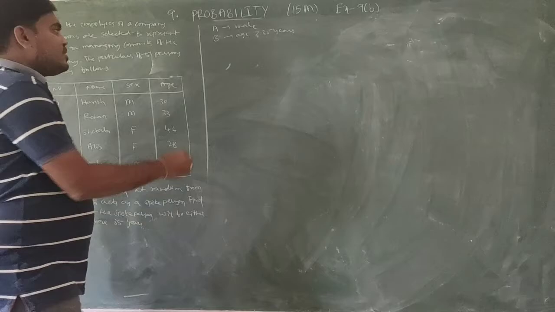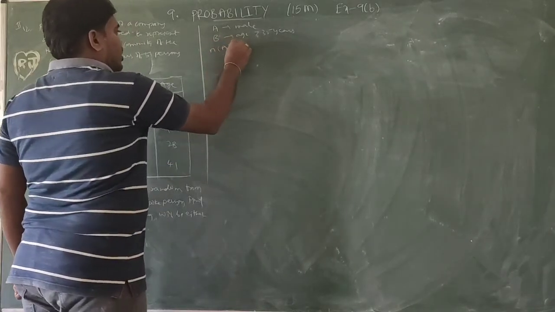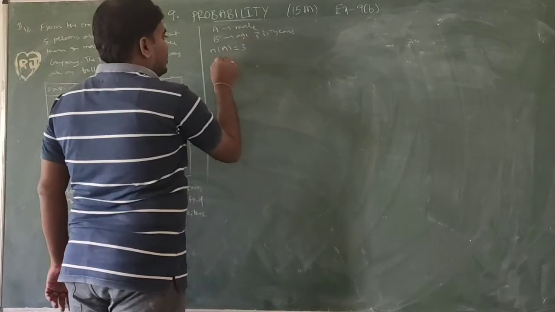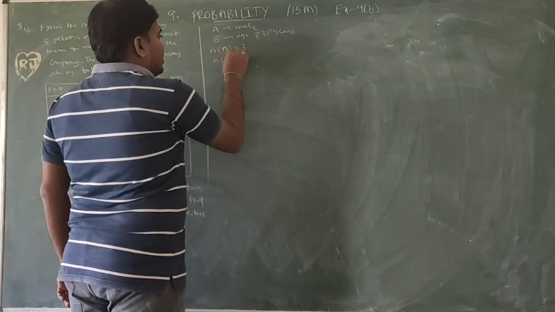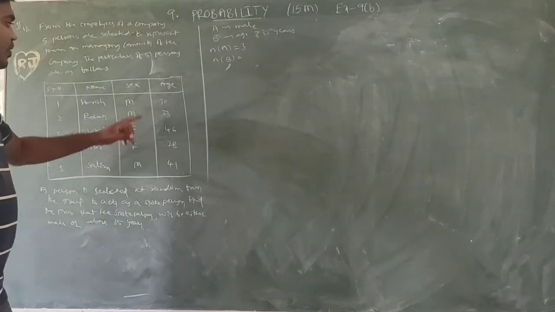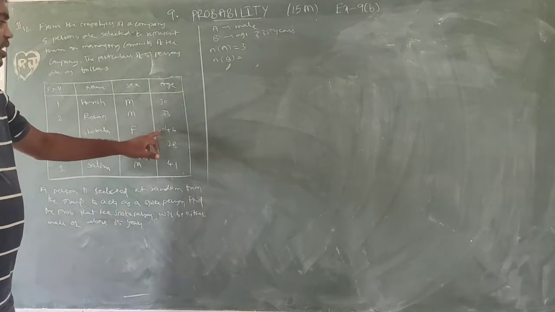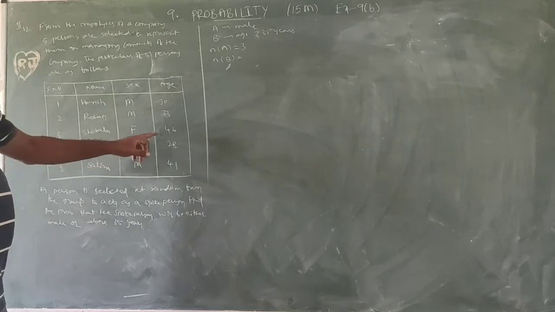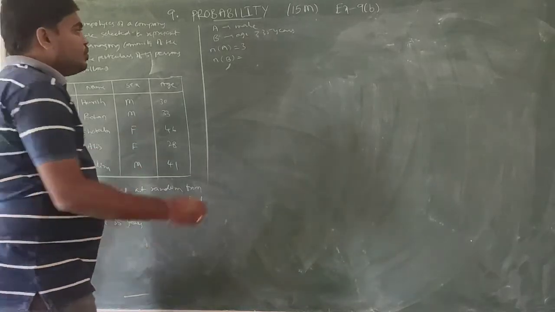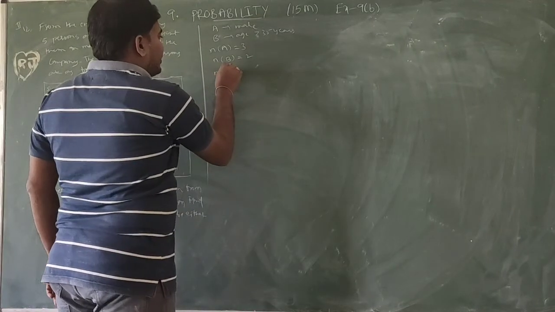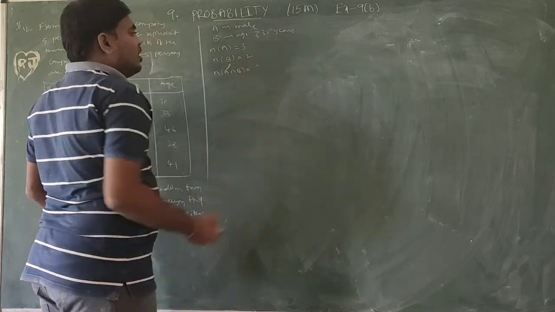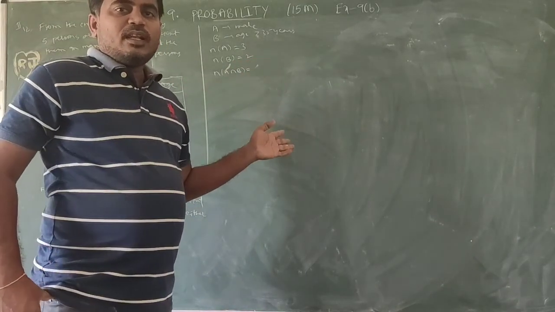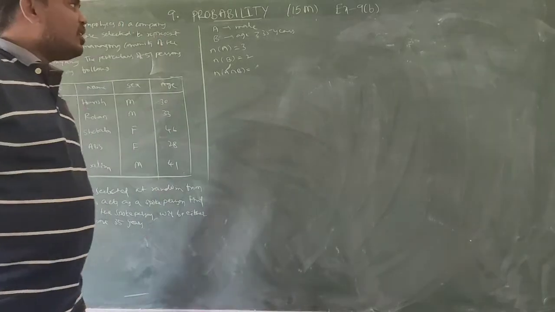Okay, how many males? 1, 2, 3. So number of male persons is 3. N of B, the persons with age greater than 35: if you observe, 46 and 41 are the only ones greater than 35. So 2. N of A intersection B means the person is both male and age greater than 35.